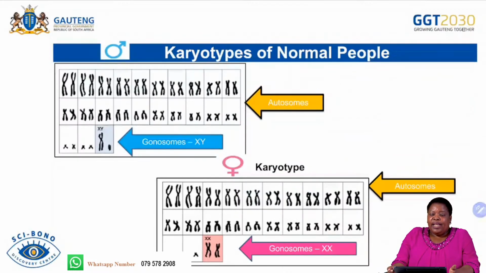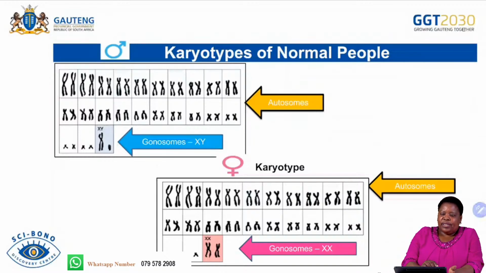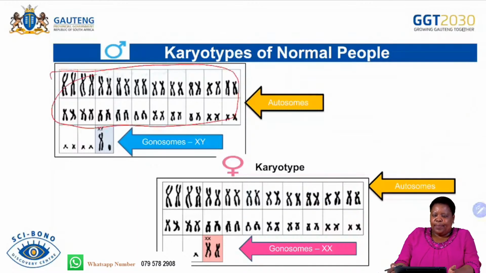Now, like I earlier explained, we've got a male and a female individual in the case of people. All this set of chromosomes is placed where? In a karyotype. Now, 44 chromosomes are autosomes, and the last pair, in the case of this one, is XY.